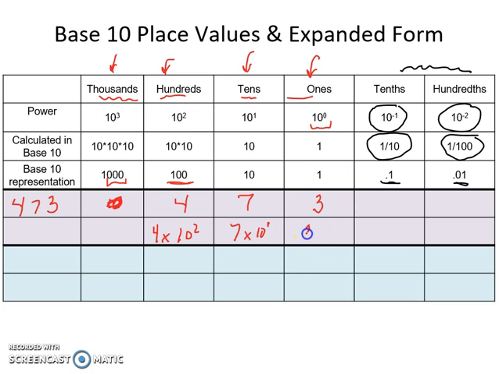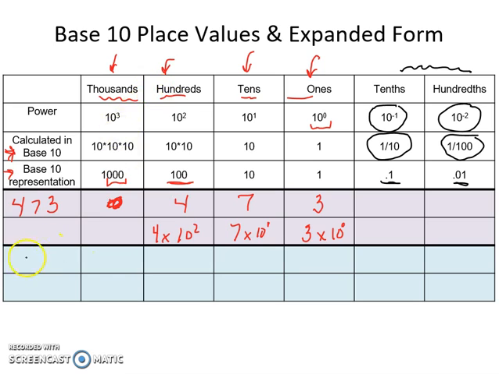And 3 would be written as 3 times 1 or, depending on what you're doing, times 10 to the 0 power. Either way works. I just happen to like writing it this way when we're writing an expanded form. So we could use either row for noting our expanded form. We could also do decimals, but like I said, I'm not going to do that.